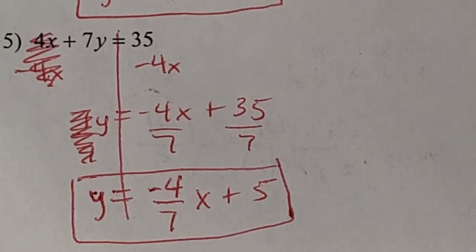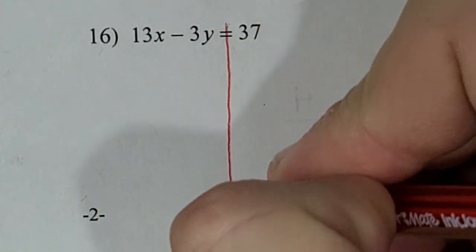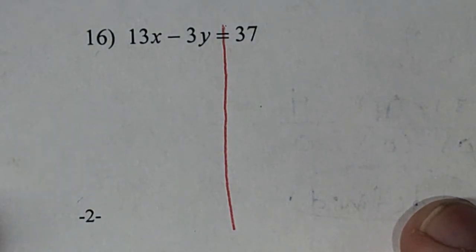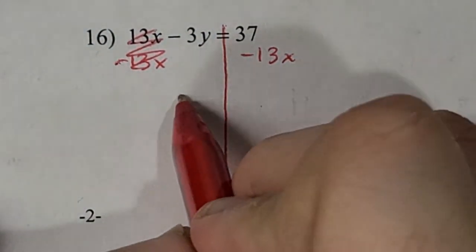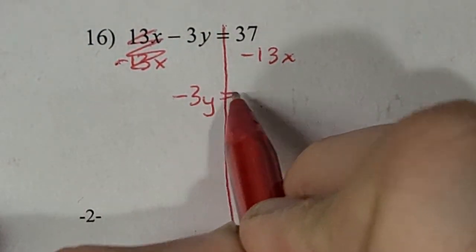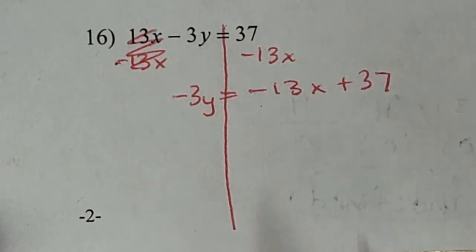And then our very last one. I'm going to take a guess that some of you did this and thought you did something wrong. And you probably didn't. So if I follow my same pattern, I subtract these x's. I'm left with negative 3y, don't forget that negative, equals a negative 13x plus 37.